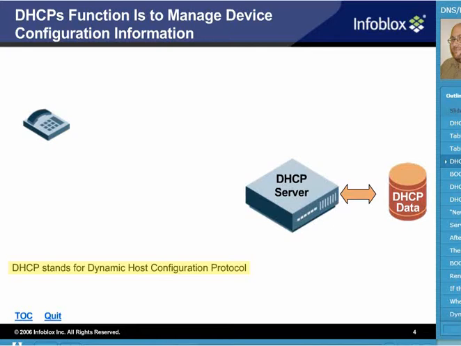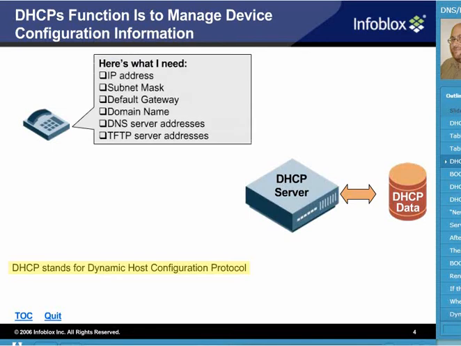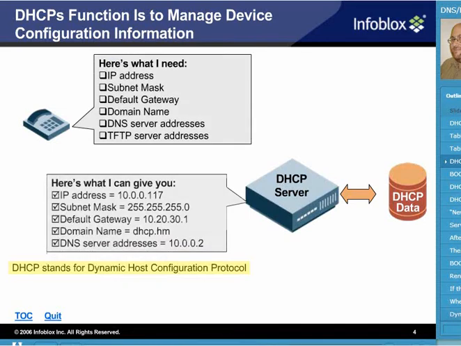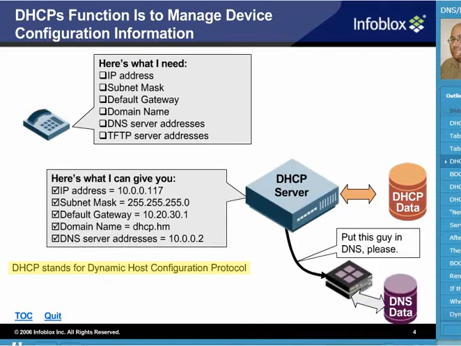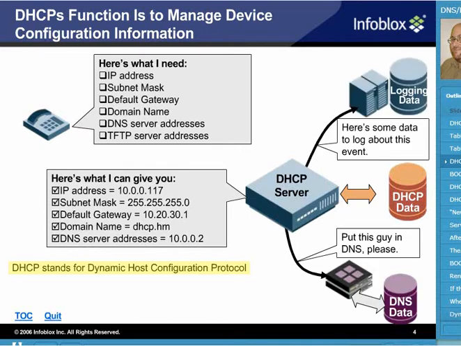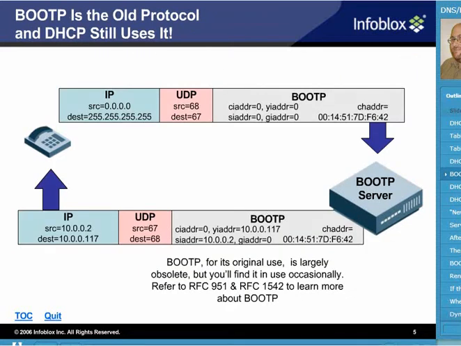An example of this might be a new or relocated VoIP phone. When powered up, the phone requests information from the DHCP server. The server replies with what information it can, and then, optionally, adds records to the DNS server and/or logs the event. DHCP is built on top of the older BootP protocol.